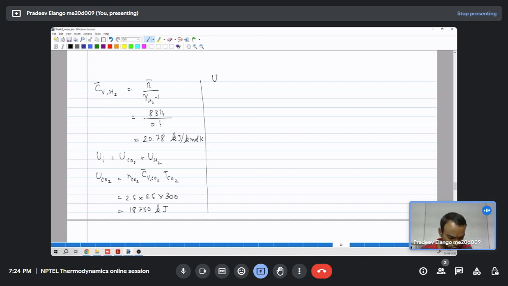And similarly, U of hydrogen equals n of hydrogen Cv of hydrogen into temperature of hydrogen. So this is 7.5 into 20.78 into 330.